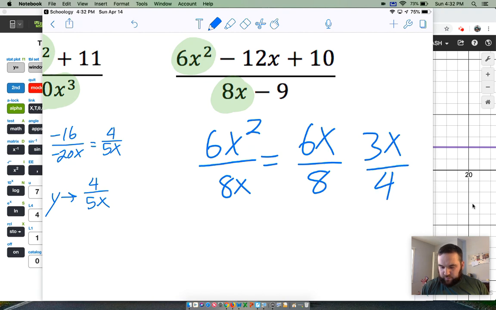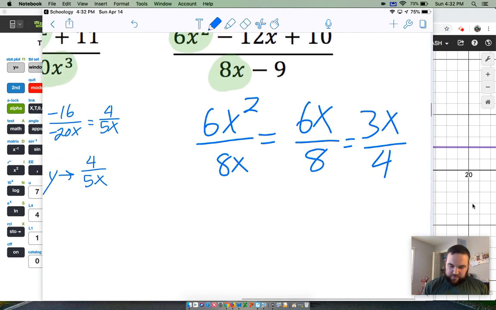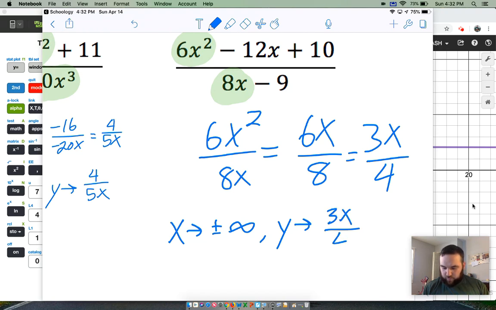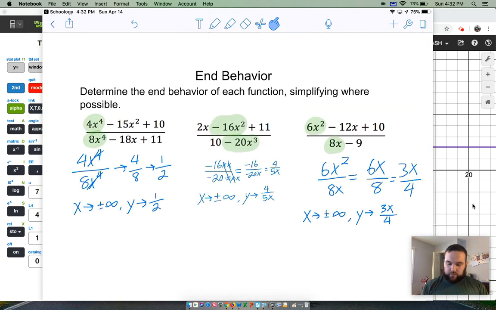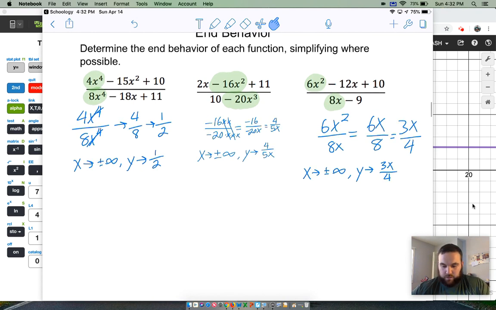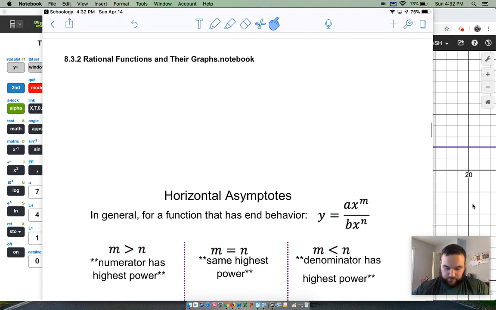So I'd have 3x over 4, which means as x goes to positive or negative infinity, y is going to go towards 3x over 4. Again, right now we're writing out the end behavior, and we're going to talk about what that means for whether or not a graph has an asymptote, because some graphs do have horizontal asymptotes, but a lot of graphs don't. So that's end behavior.